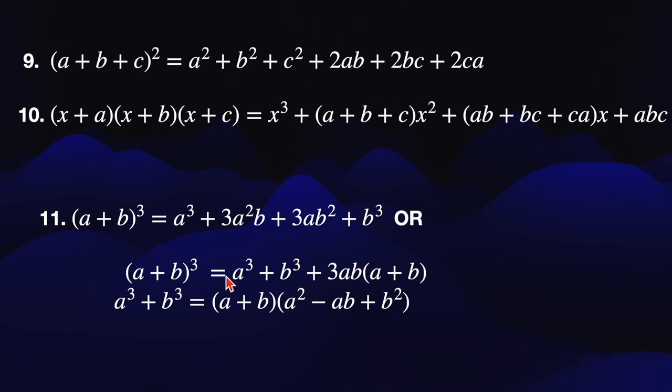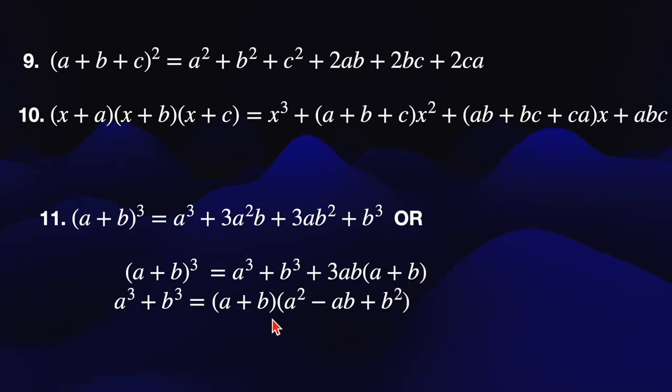Supposing we take out 3ab common here, we can write it like this. (a + b)³ is equal to a³ + b³ + 3ab(a + b). We have taken 3ab common and put a + b in the bracket.